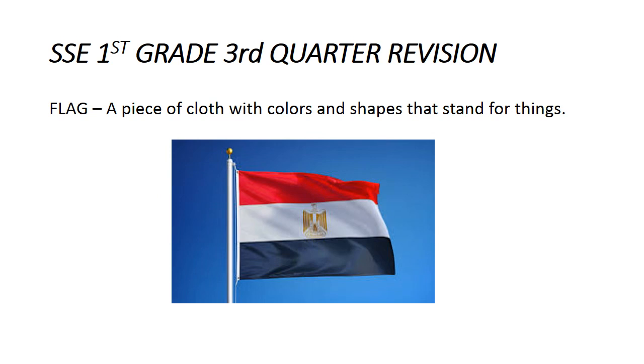You remember that the American flag is with white and red colors, with a blue part and with stars. The first flag had 13 stars, and today the American flag has 50 stars. And the Egyptian flag, you know, red, white and black with an eagle in the middle.